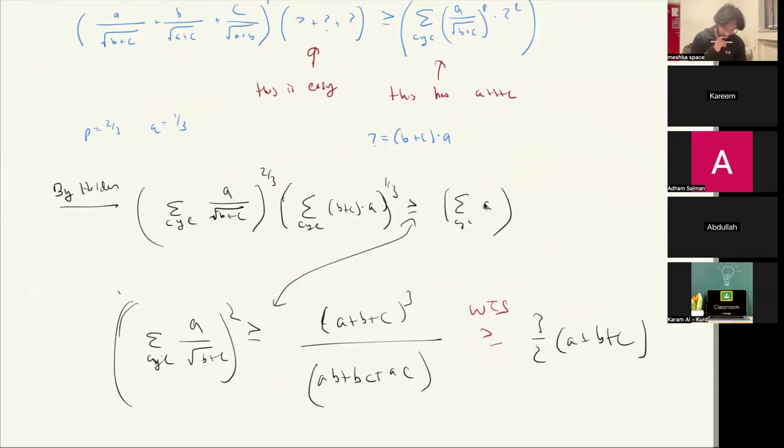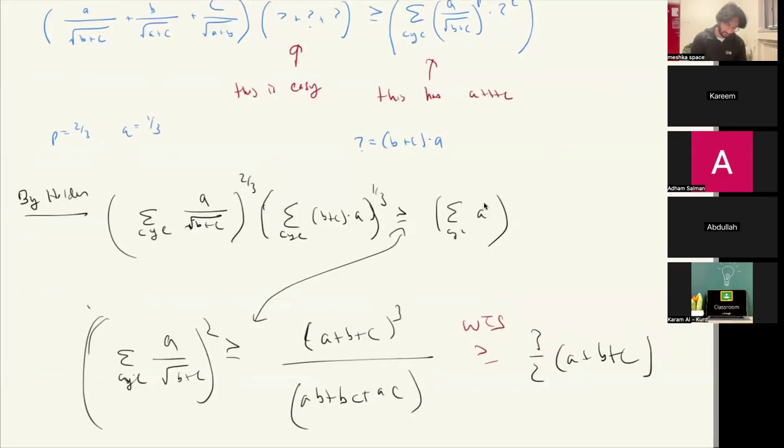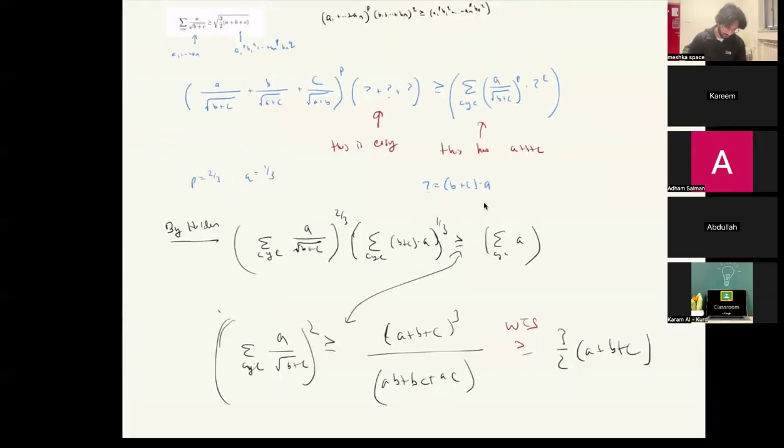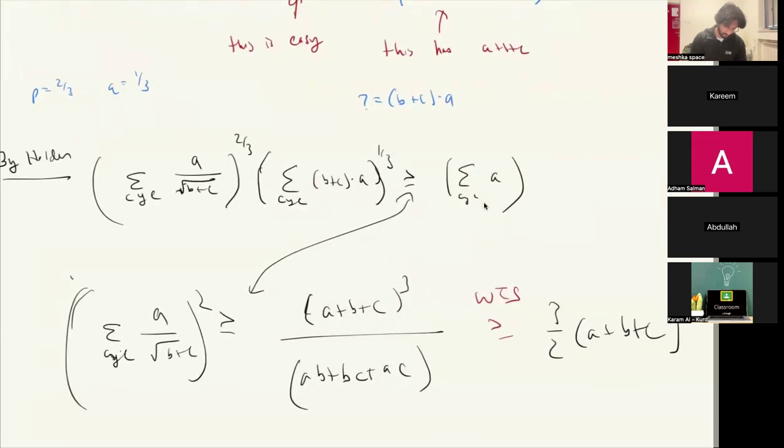Oh, we lost the constant here, right? The constant is here. So we cubed this guy. Sorry. Yeah, it's 2 times, I think. There are 2 here? Is that what I should do?